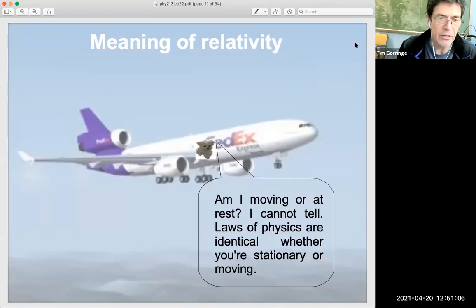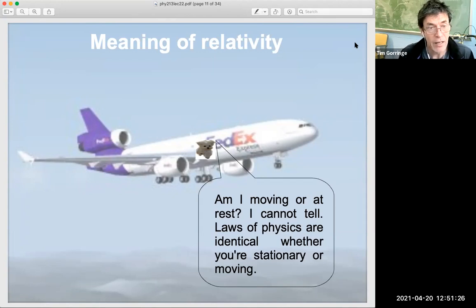Here would be another example. This is when I lost Baxter in a FedEx plane. So Baxter's flying through the air, and he's inside the cargo hold of the FedEx plane. There's no windows in a FedEx plane. And he's wondering whether he's at rest or he's moving in the FedEx plane.